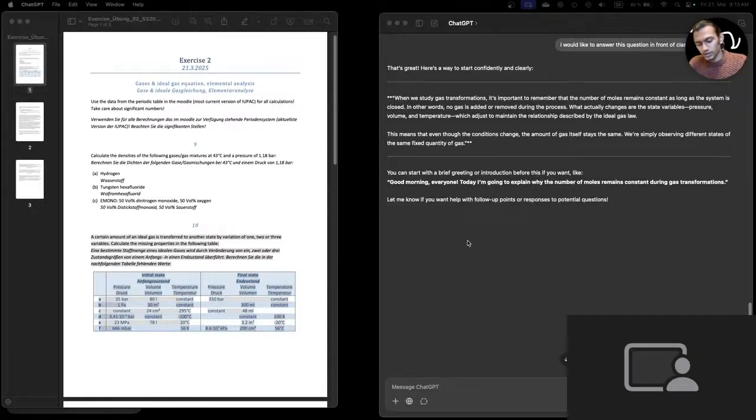From this, we can formulate an equation of P1 V1 by T1 equals P2 V2 by T2. And we're going to calculate using this equation.